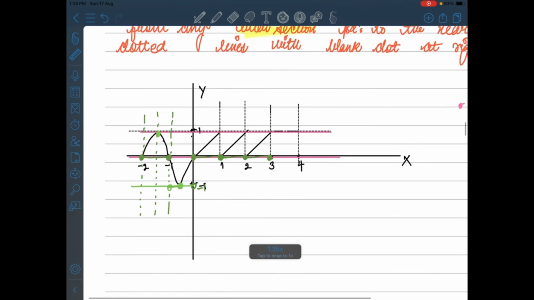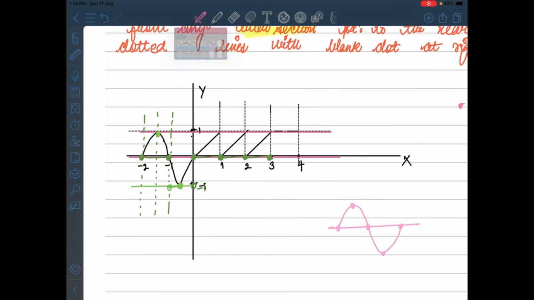Let me just draw one more thing here. So here it is intersecting here, here, here and here. Okay. From here to here, since the graph is increasing, from the point of intersection to the next point of intersection, because of course here the other line, they said till here you will draw like this, blank.